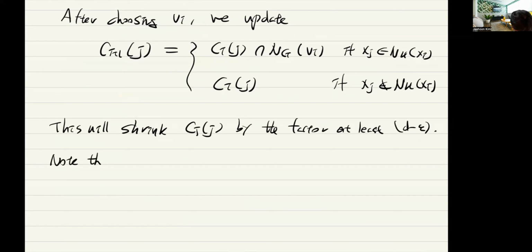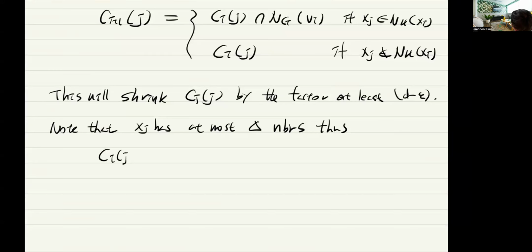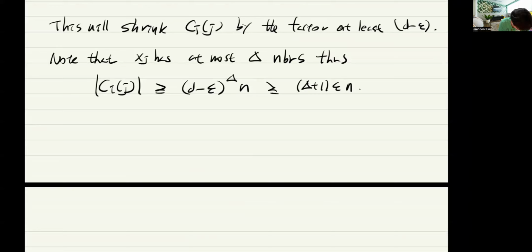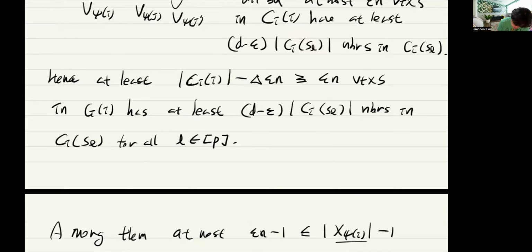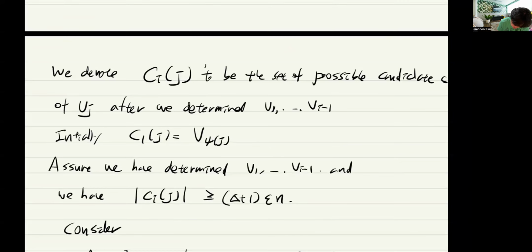But we know that if xj has at most delta neighbors, then C_ij has at least d minus epsilon to the delta times n, which is at least delta plus 1 times epsilon n in any case. Thus, this inductive hypothesis is still satisfied.